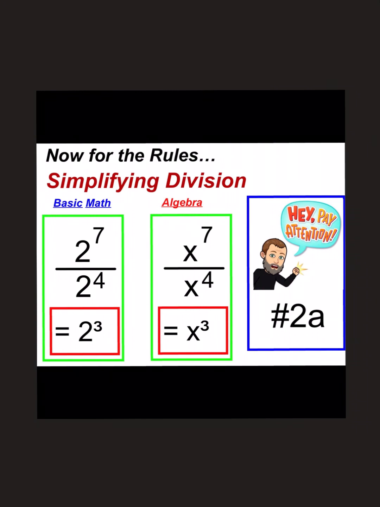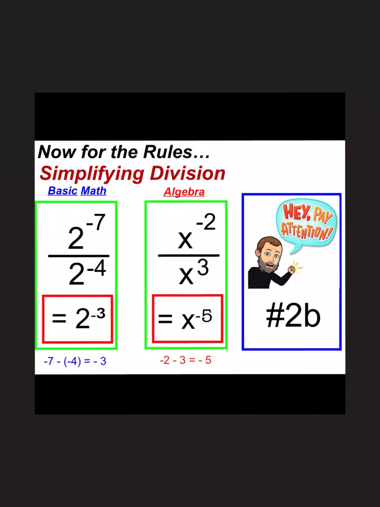Now, the second part to this, the b, is kind of tricky because you got to pay attention and you got to know the rules for integers. So this is what I was talking about. Take a good look at this. Again, you are going to be subtracting, but I want you to look down below each of these green boxes to see the math that's happening with your integers, because now we're going to get those double negatives, and double negatives turn into positives.